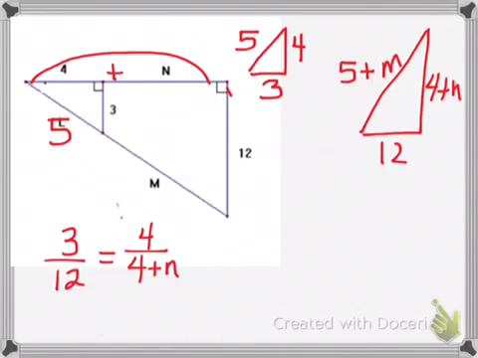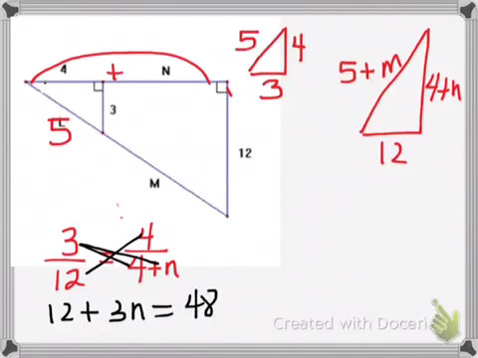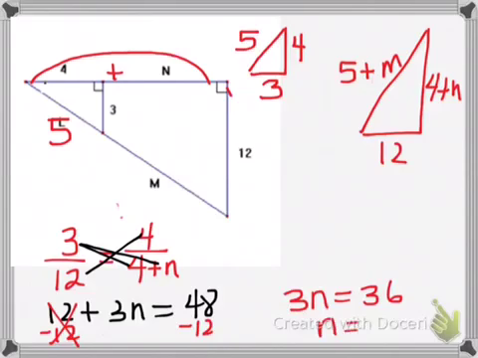So if I cross multiply, that's going to give me 3 times 4 is 12, plus 3 times n is 3n. Multiply the other way, 4 times 12 is 48. So if I solve that, I need to eliminate the 12, so I'm going to subtract 12 from both sides. It eliminates on the left. That gives me 3n equals 36. So n equals 12. So I know that n is 12 here in the picture.